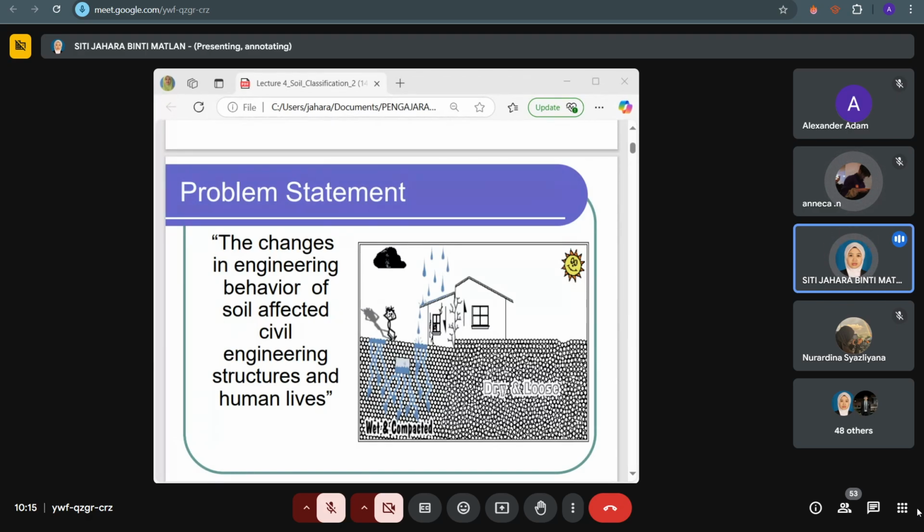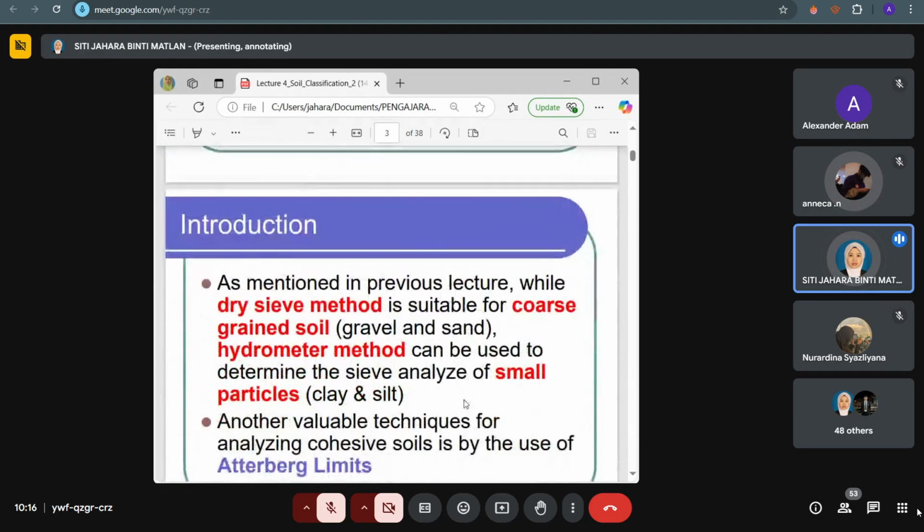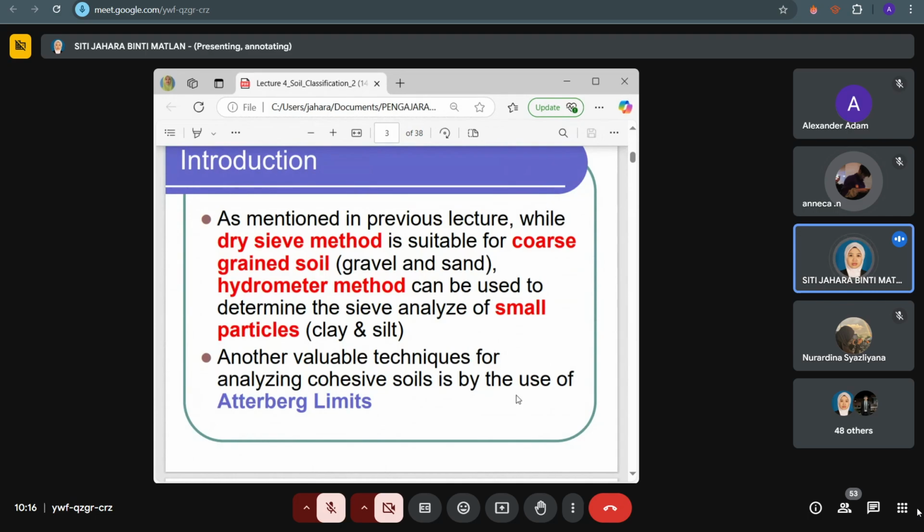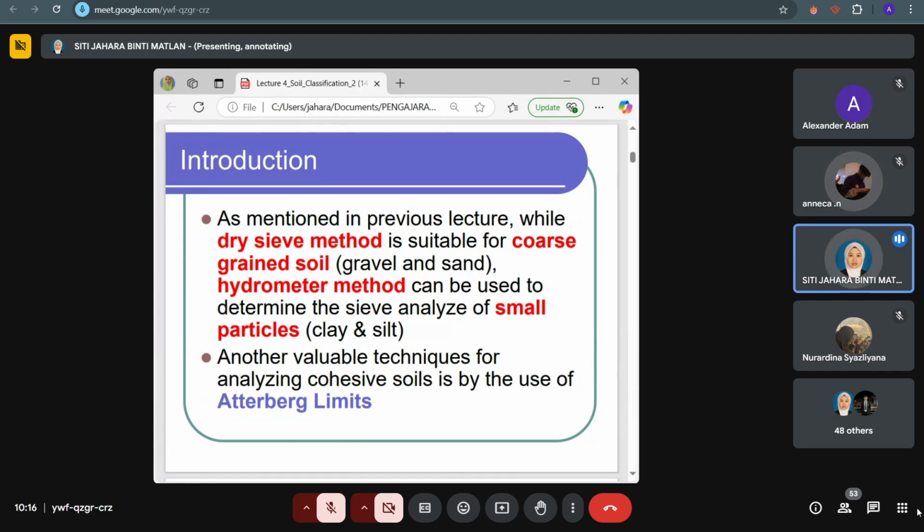So understanding this behavior is crucial for designing safe, resilient civil engineering structures. Sebagai introduction saja. As I mentioned, this topic is a continuation of the previous, still in the same topic, soil classification.